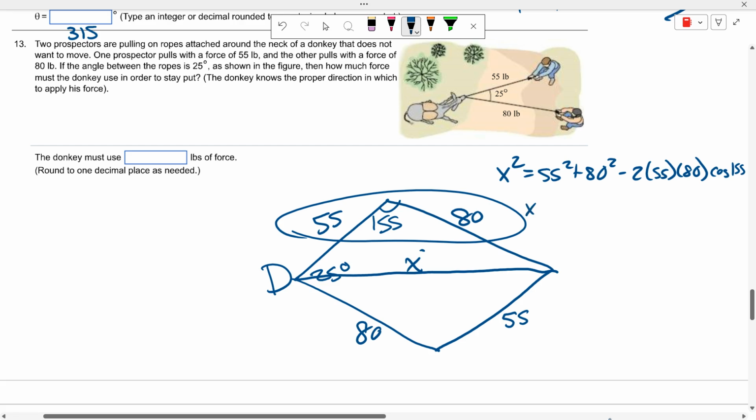Then you just take the square root of your answer, and you should get something around 131.9.